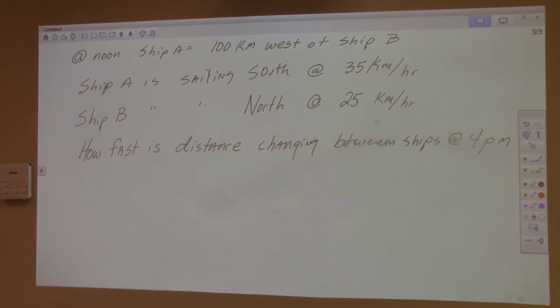And the first thing you want to do is ship A and ship B, they're pretty much on the equator. Think of the equator. Go this way. And then go the directions you need to go.